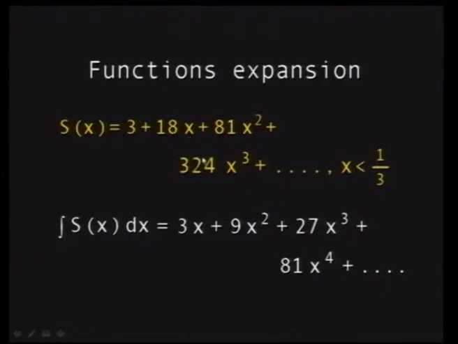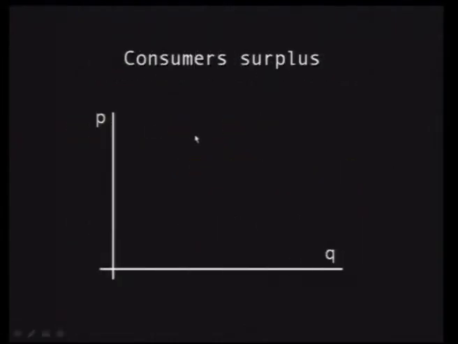Of course, the original series has the same ratio and the same interval of convergence, so again it's convergent for modulus of x less than 1/3. So what you do here is that you integrate, you obtain the sum because you know the sum of a geometric series, and then you differentiate the sum to obtain the sum of the original series. This is one application of integrals.